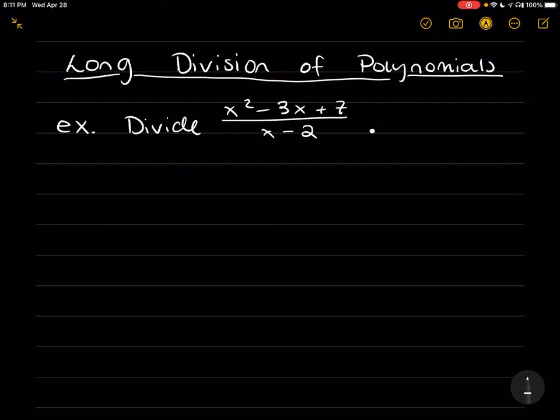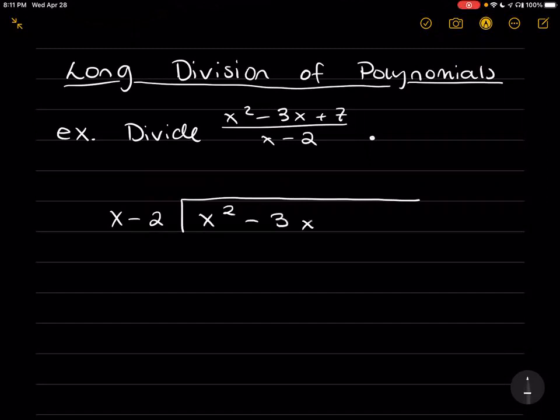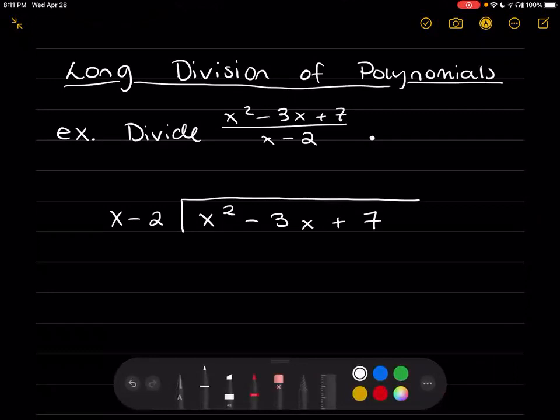So the way we do this is we take that divisor and we write it to the left of a dividing bar sign. And then we take that dividend and we write it underneath there like that. Okay, so now we get started. We're going to be looking at this term that I'm going to circle in blue quite a bit.